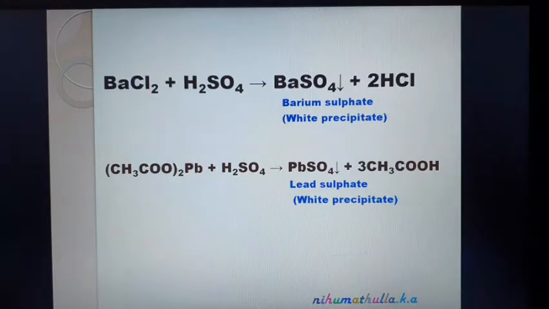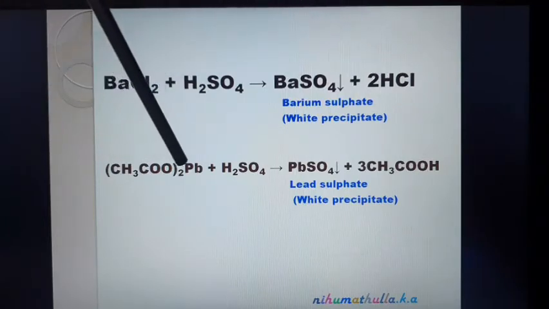Barium chloride BaCl2, when treated with sulfuric acid H2SO4, barium 2+ combines with sulfate 2- to form barium sulfate, which is a precipitate, therefore indicated by a downward arrow mark. The name of this compound is barium sulfate and it is a white precipitate. Hydrogen H+ combines with Cl- to form HCl.